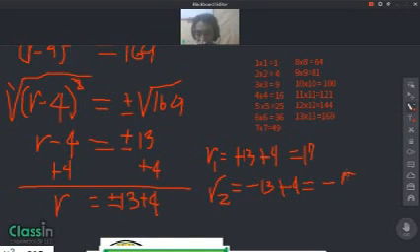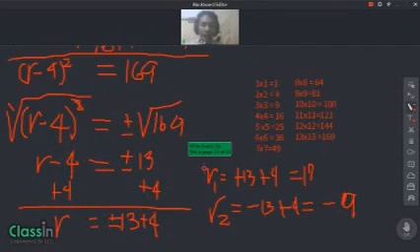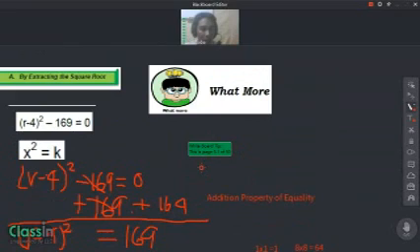So we now have the solutions of our equation, quantity r minus 4 squared minus 169. The values of r are positive 17 and negative 9.